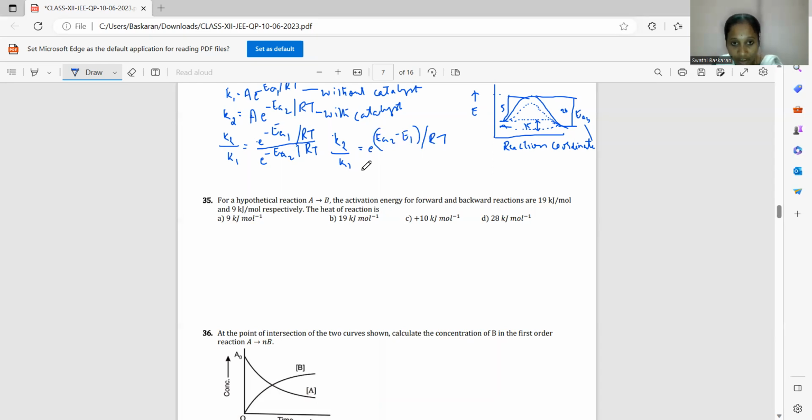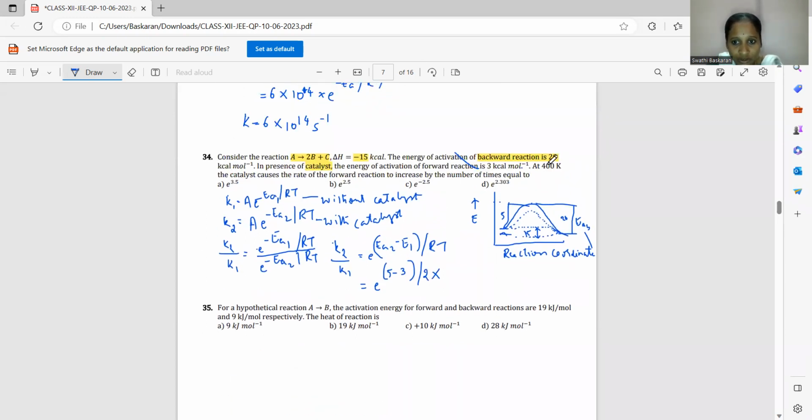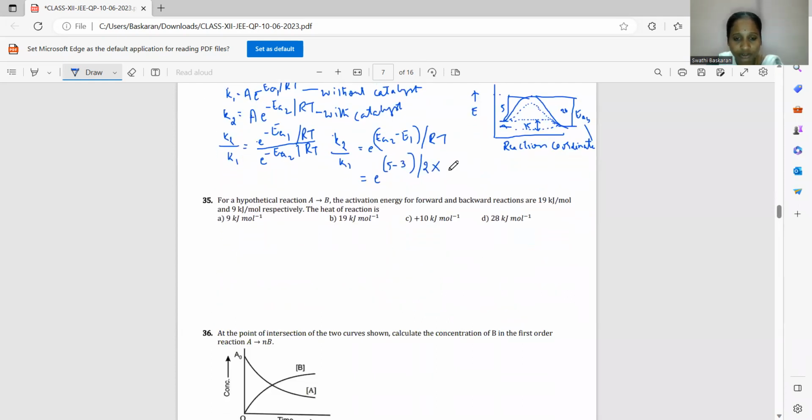So it is e to the power (5 minus 3) divided by R, since kilocalories means the R value needs to be taken as 1.8, or otherwise 2, you can round it off, and then 2 into the temperature given in the question, which is 400 Kelvin.